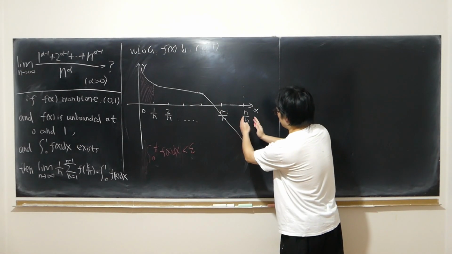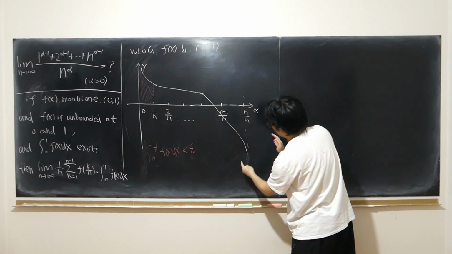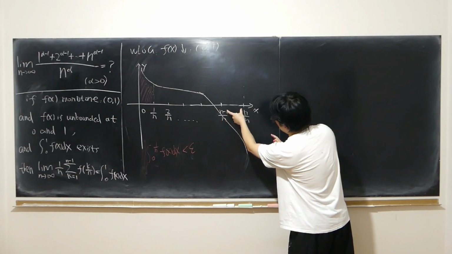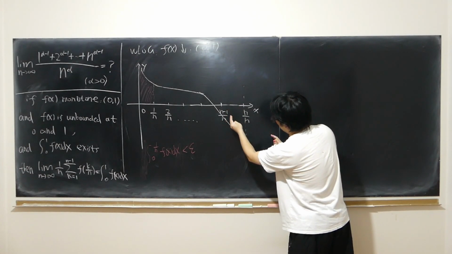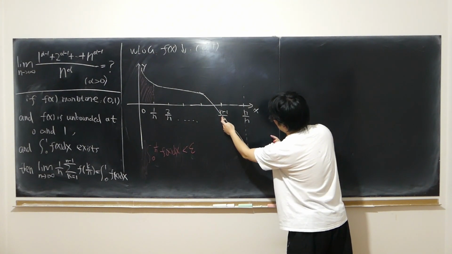Same thing. If I choose n to be big enough, remember, f of x is approaching negative infinity. So if I choose this interval to be small enough, I can make sure that this point is below the x-axis.